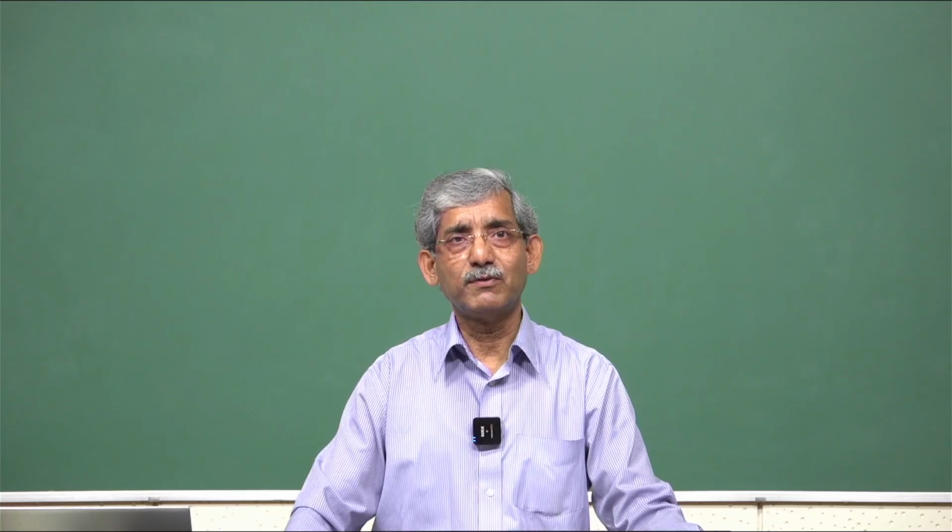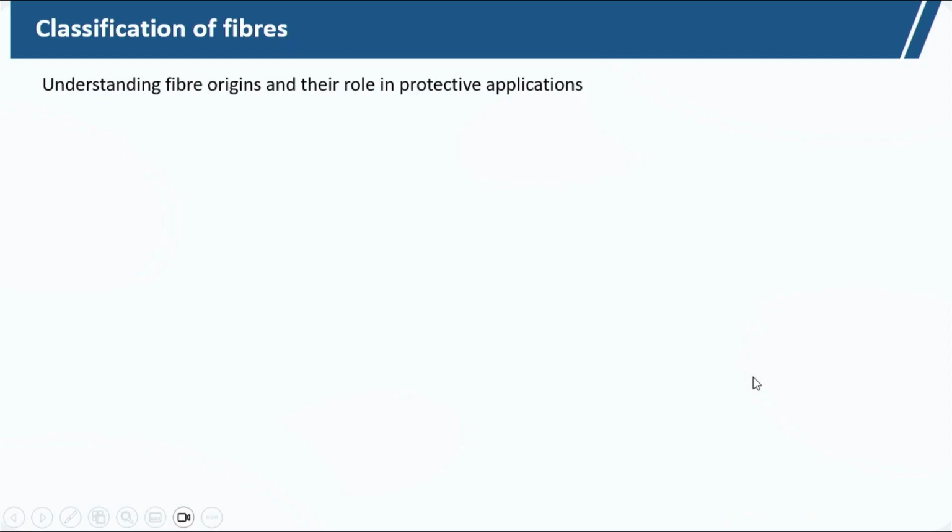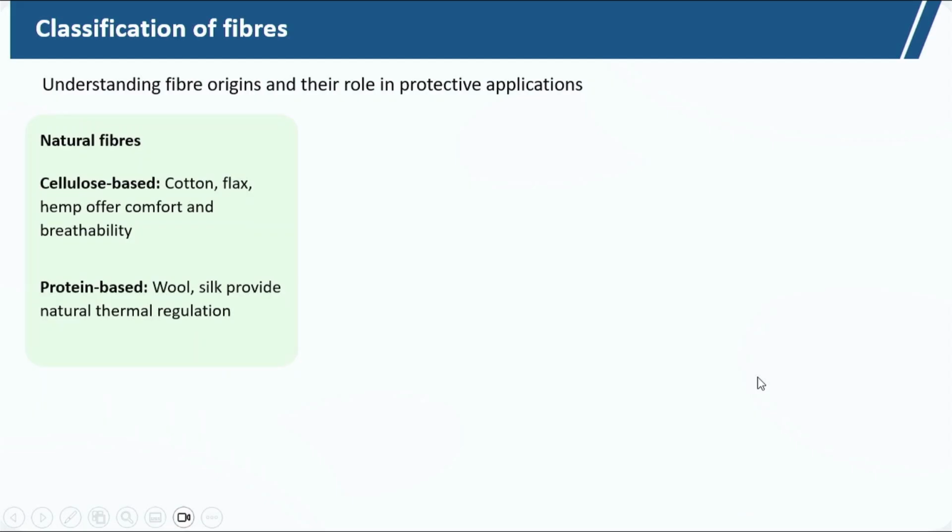So, the classification of fibers you can see here. Natural fibers are also used in protective textiles. Cotton, flax, hemp offer comfort and breathability. In one of the layers in multi-layer fabric we use these natural fibers to enhance the comfort characteristics.